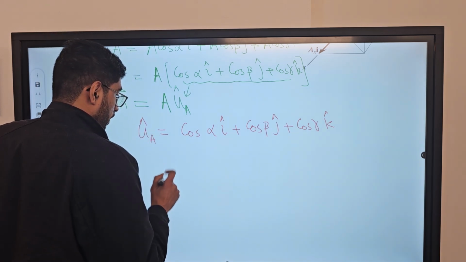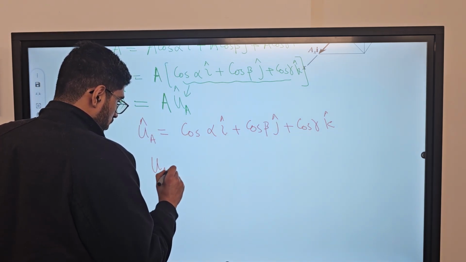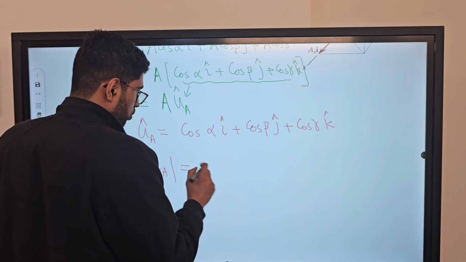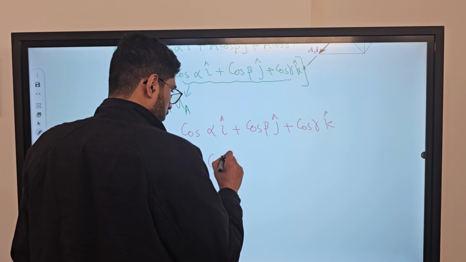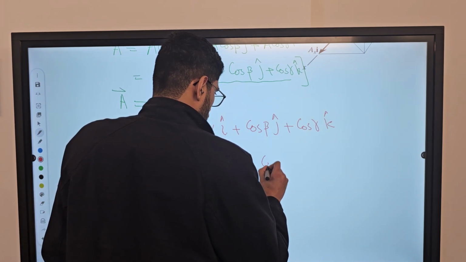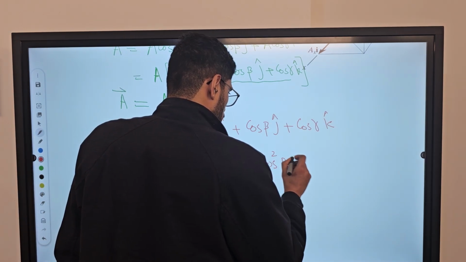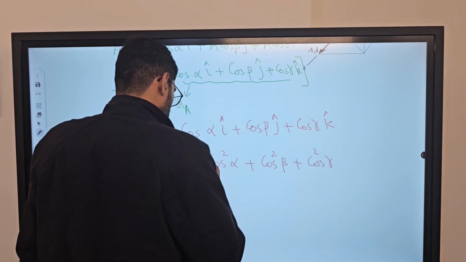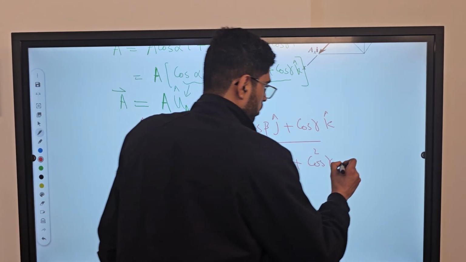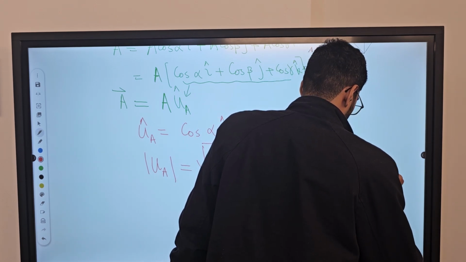So the magnitude of this unit vector a is the square root of cos square alpha plus cos square beta plus cos square gamma. This will always be equal to 1.